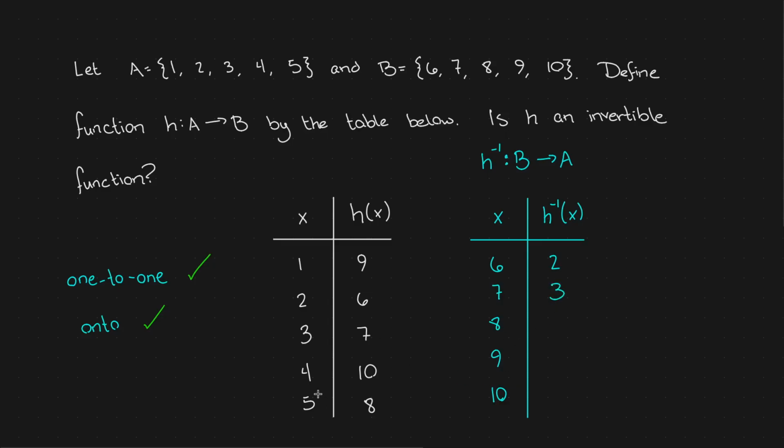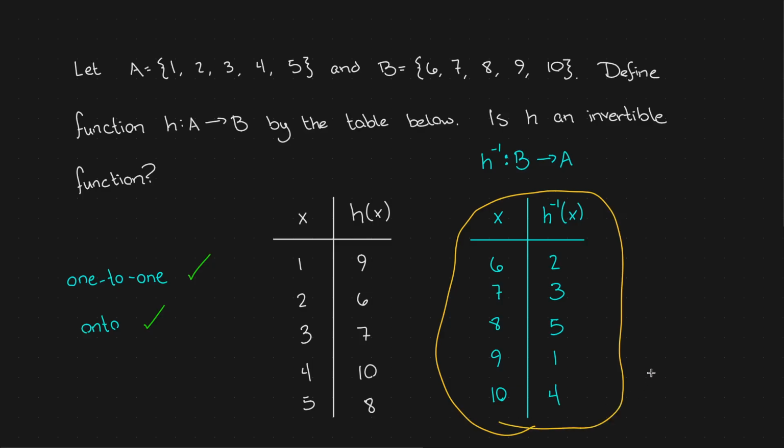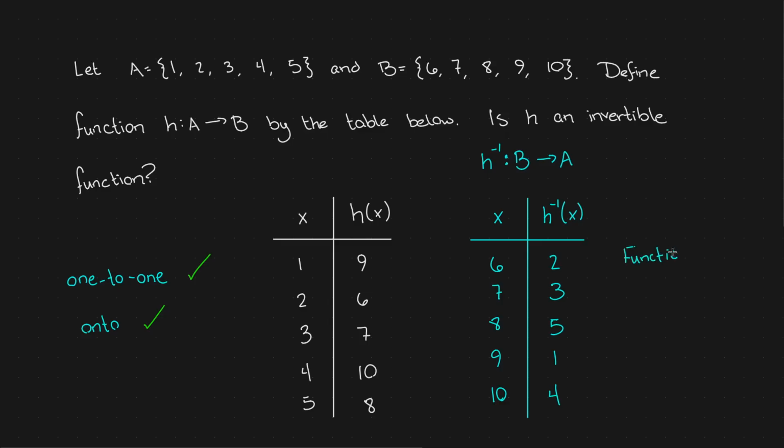For 8, since h of 5 is 8, h inverse of 8 is 5. And I could keep on going. 9 corresponds to 1, and 10 matches up with 4. Look at that, we have a complete inverse function, which means function h is invertible. And here's the inverse.